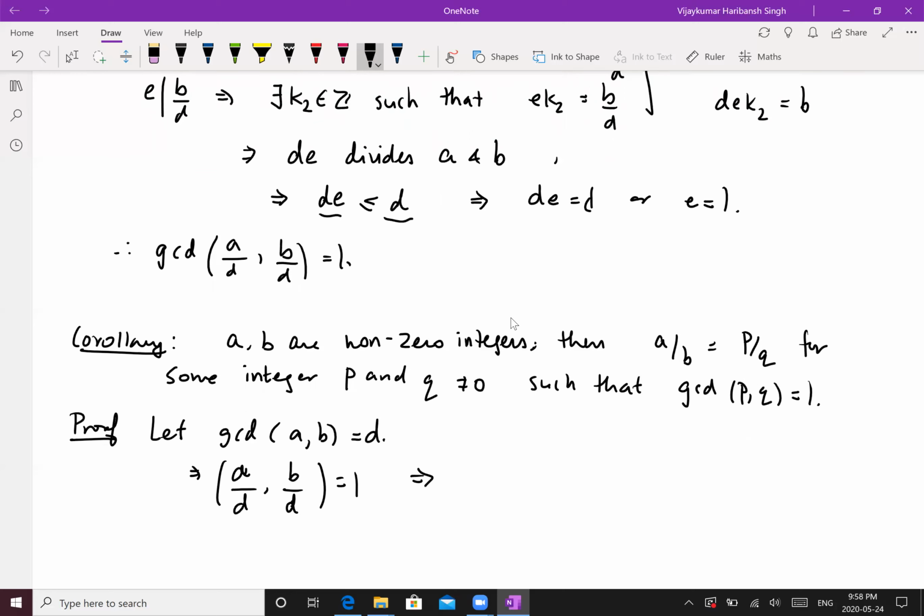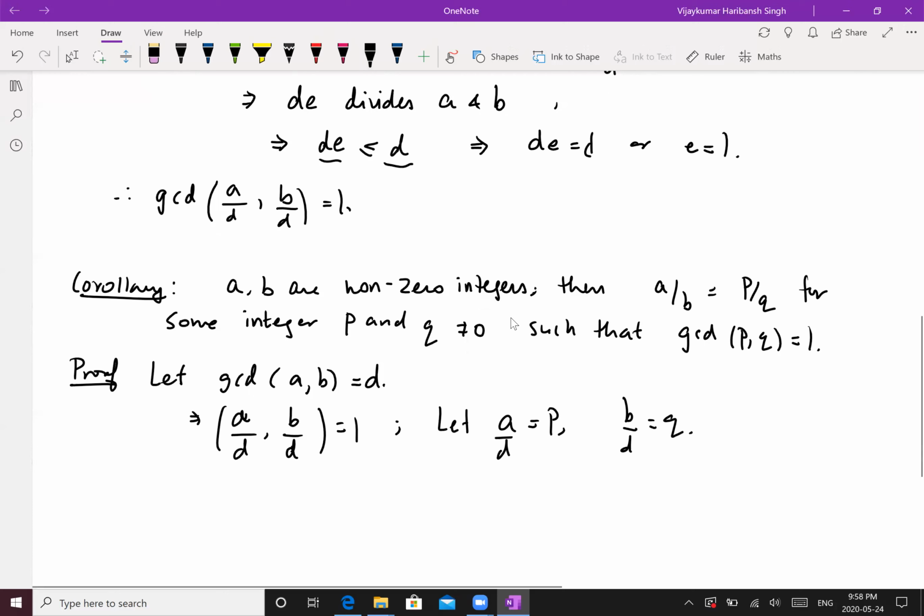So let A by D be P and B by D be Q. Therefore A by B is the same as dividing top and bottom by D.